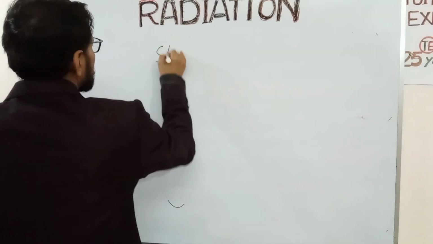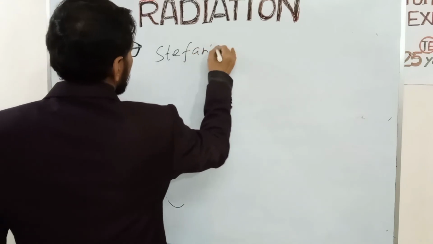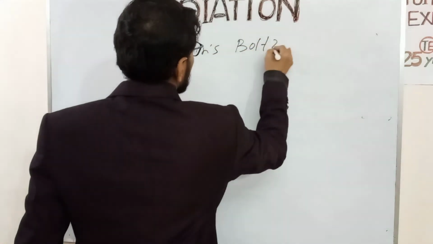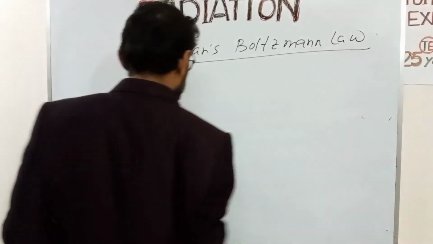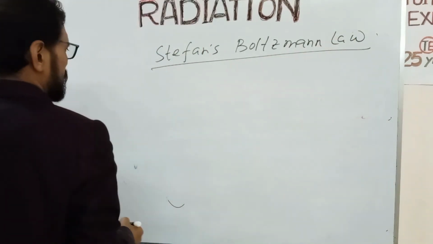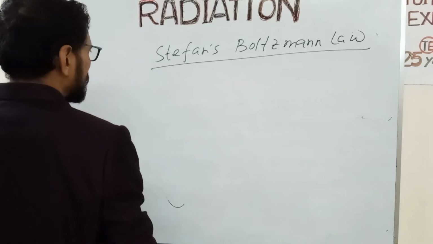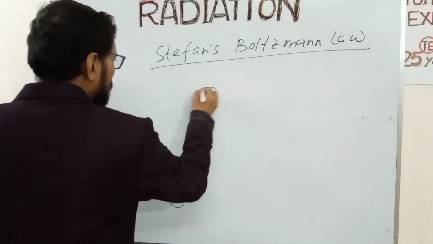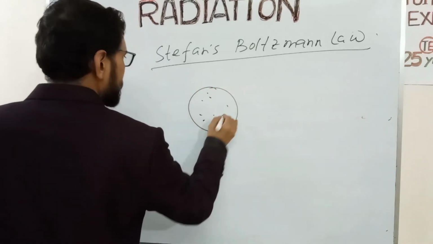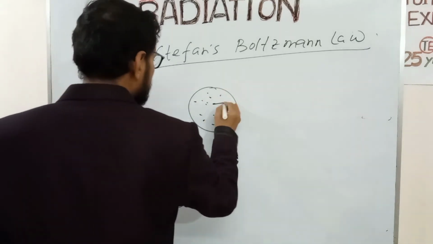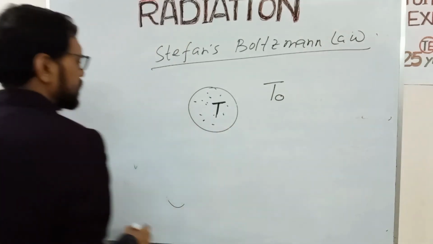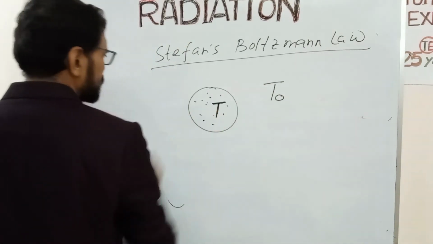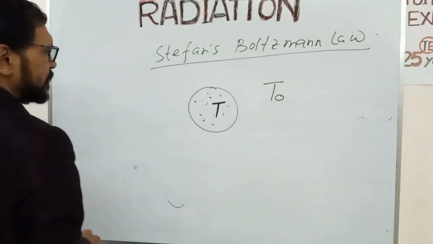Next term is Stefan's Boltzmann law. Suppose this is a hot body whose temperature is T and the surrounding temperature is T0.